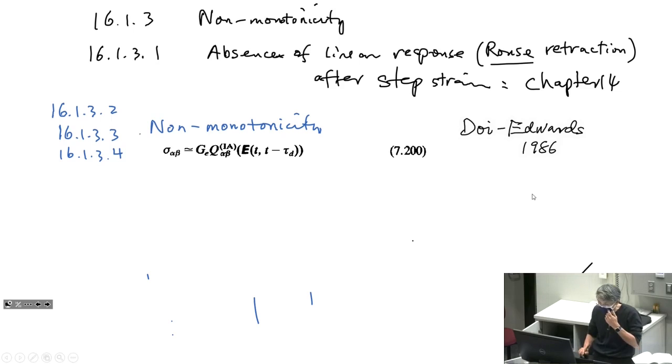And there's a bunch of mathematics. It's all in their chapter 7. I don't need to go through it. It's possible to follow. But what I want to show you is places where you see the several non-monotonicities that are discussed in the book, in this model.